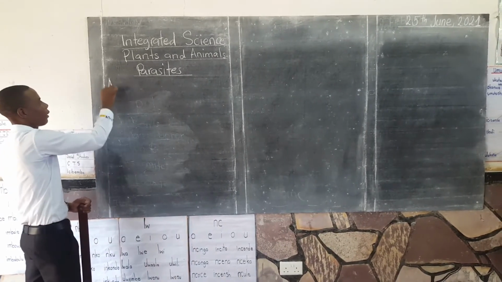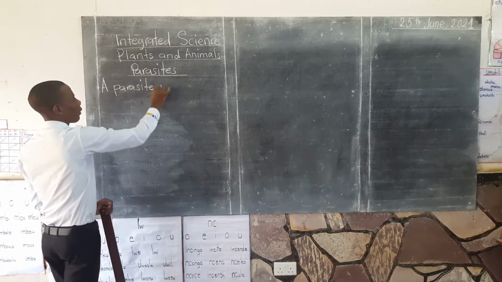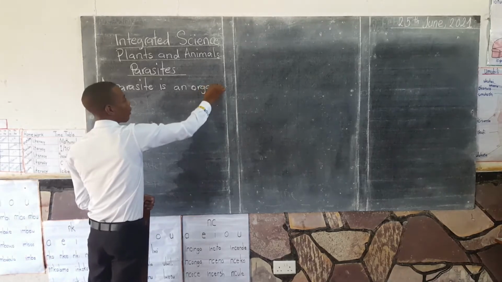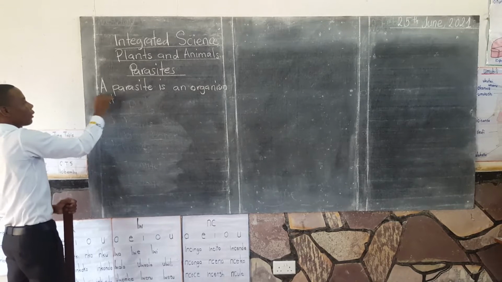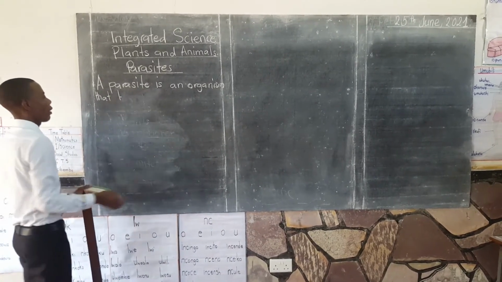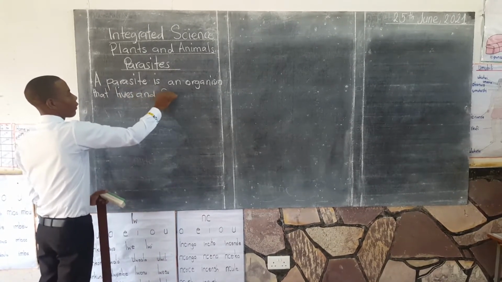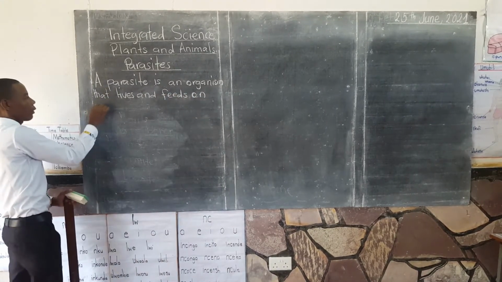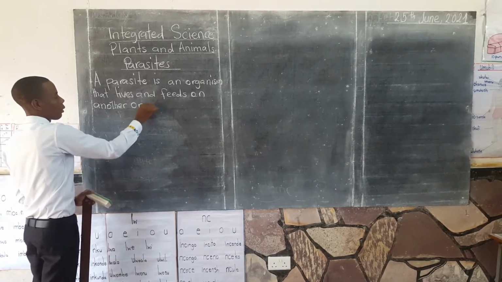So we are saying a parasite is an organism that lives and feeds on another organism.